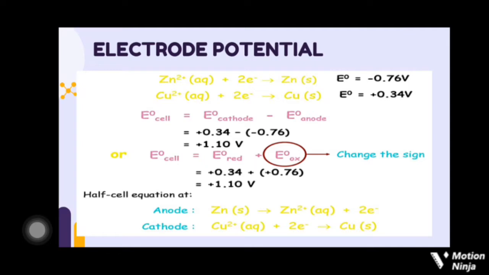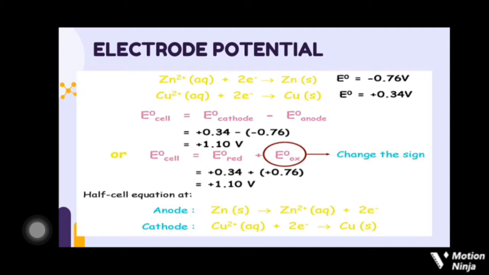So from the problem that was given, we have zinc and copper. Since copper is way more positive than zinc, we will be using zinc as the anode and copper as the cathode, or the reduction.